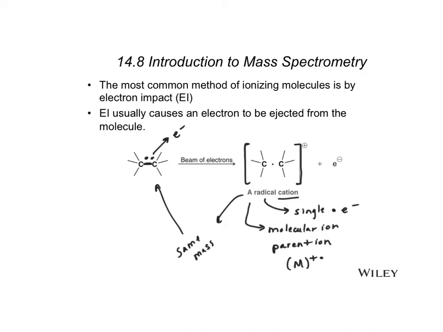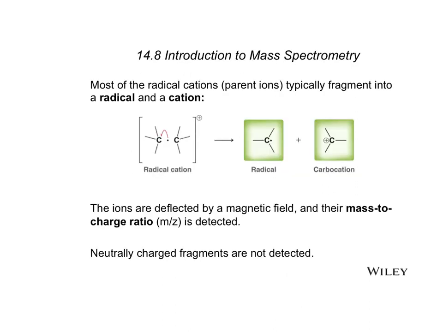When it further fragments, this radical can essentially go with one of the pieces of our molecule and go away from the other piece. So what we're left with, as a result of this fragmentation, is a radical still, and then a carbocation.